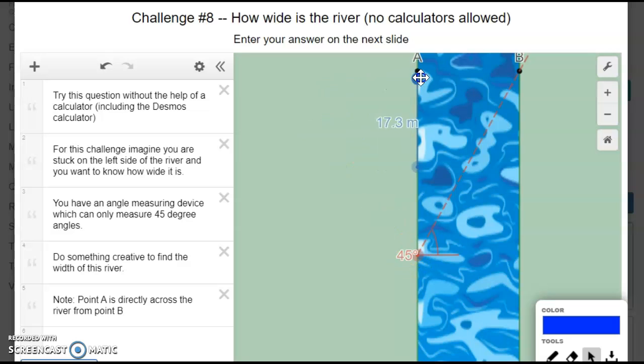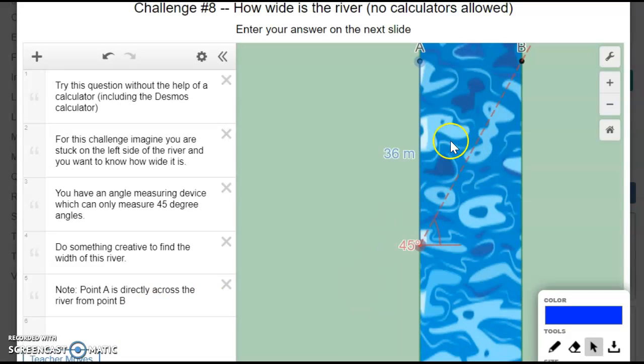Then I can measure this side to this side. Okay, so actually it's 36 meters. The distance from A to the measuring device is 36 meters.